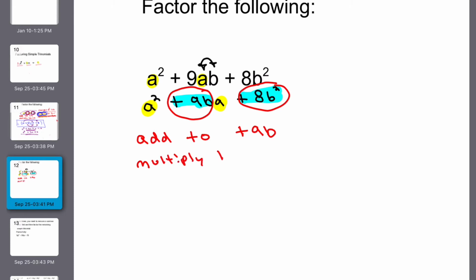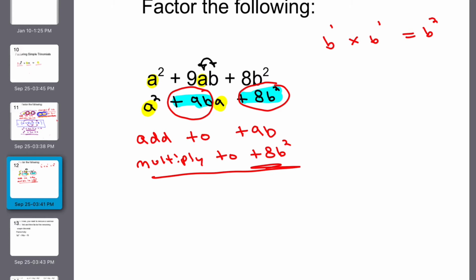Since we're multiplying to an 8b squared, we're going to need something that has a b multiplied by another b, because when we multiply two variables together, we add the exponents, remember? So b has an exponent of 1, b has an exponent of 1, and when you add those together, you get b to the exponent of 2. So we're going to need two terms with b's in them.